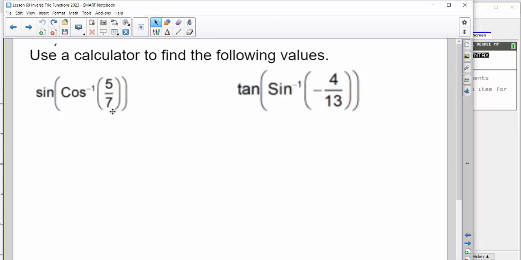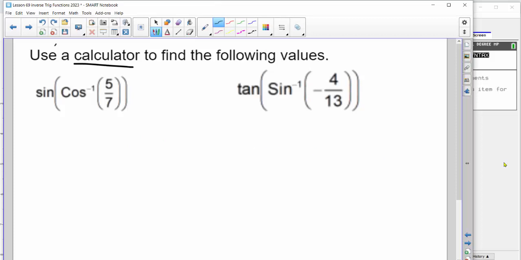So I personally don't know what these values are right now. And the problem also says to use a calculator to get that done. Because if I say, tell me the angle where the x value is 5/7, at this point I don't know. I'm going to show you a trick after we do these with the calculator, how to do it without a calculator. But first things first.